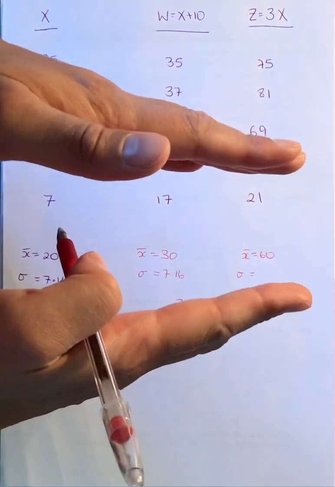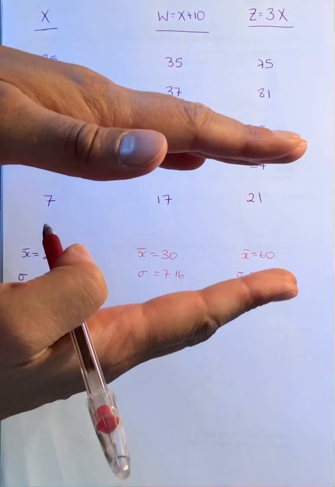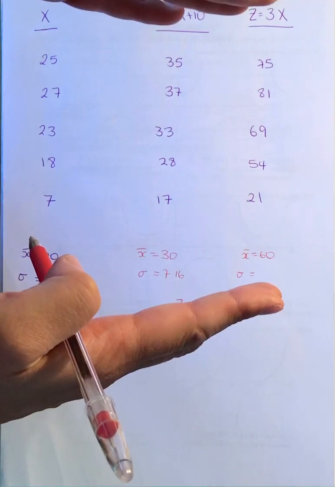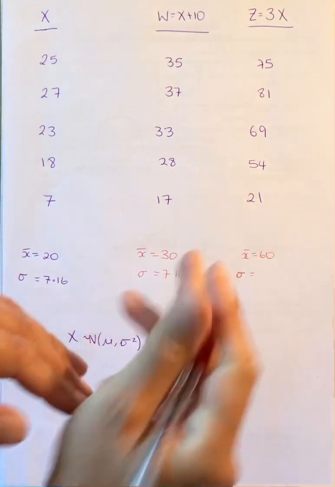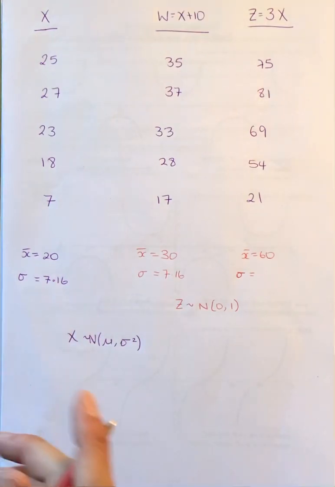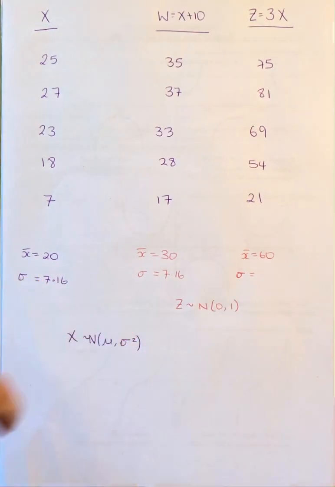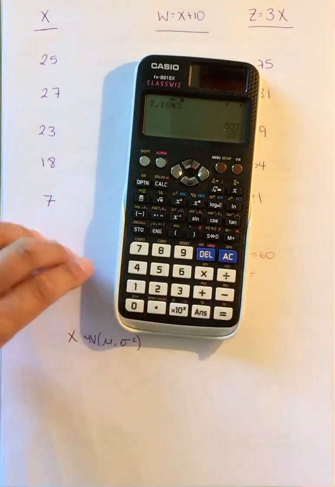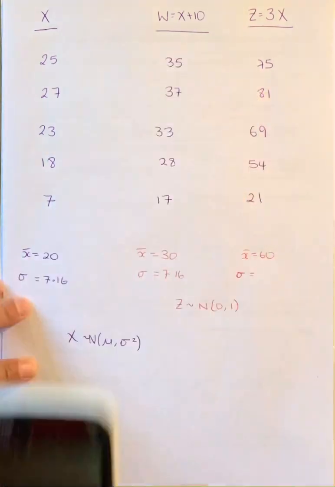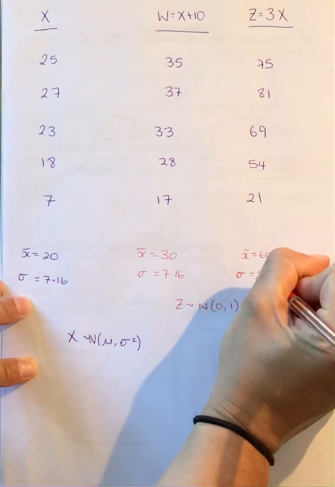Because I've multiplied all of the numbers by 3, they've all got bigger and are going to be more spread out. So the bigger numbers will have got bigger by more than the smaller numbers. So my standard deviation will also have been multiplied by 3. So I'm going to get 7.16 times 3, which is 21.5-ish for my standard deviation.